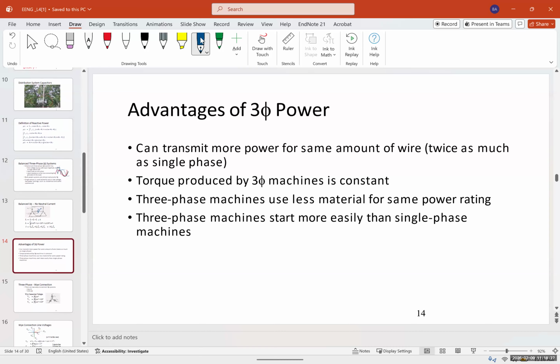That's a great question, and I will explain. It comes down to the amount of current that they are drawing and the amount of torque. That's the reason they start easier than single-phase machines. Let me give you an example.